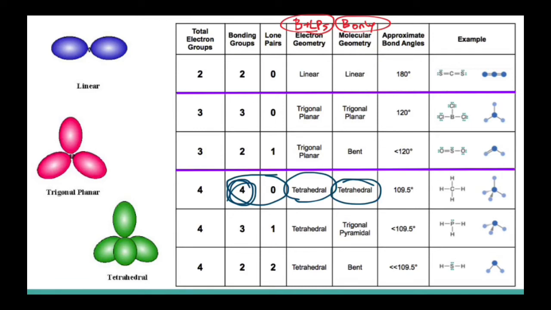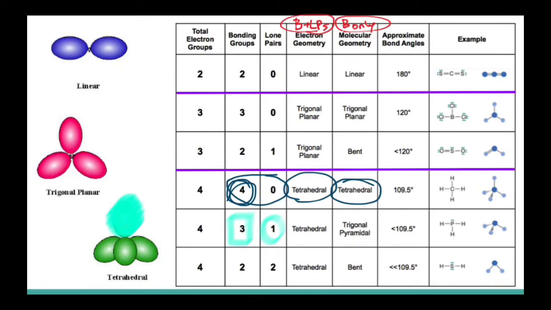Now let's imagine like one of these groups is a lone pair. Now I'm going to color it in, or kind of cover it up with this light blue highlighter color, because it is still there. It's just when it comes to the electron geometry, we consider it, and in the molecular geometry, we do not. We can't see it there. So if I think about it, I'm only going to be seeing 3 things, 3 bonded groups.